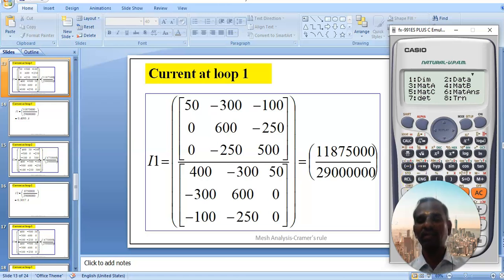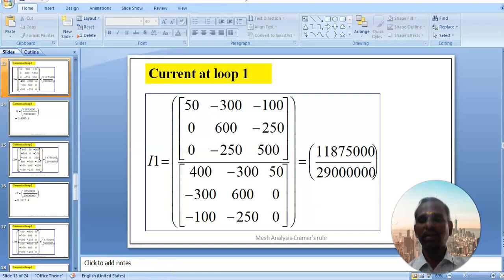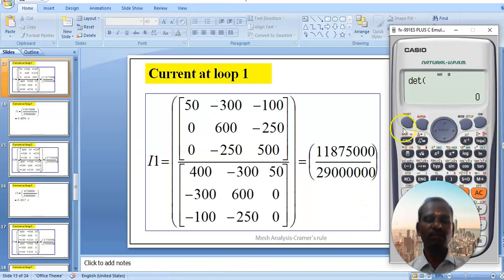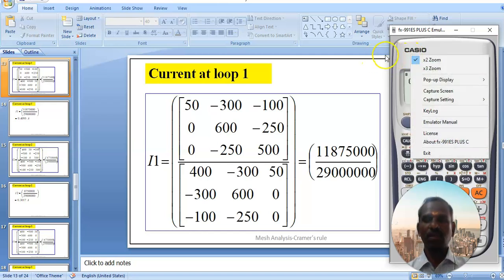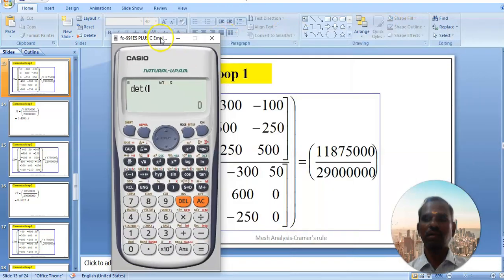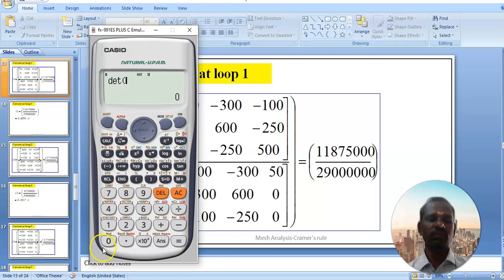So I have to use shift 4. I put it in matrix A, so my value will be 3.